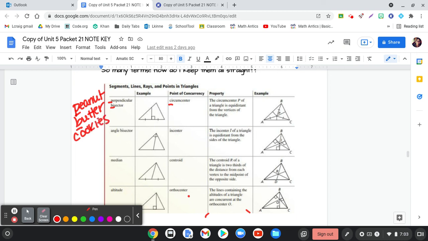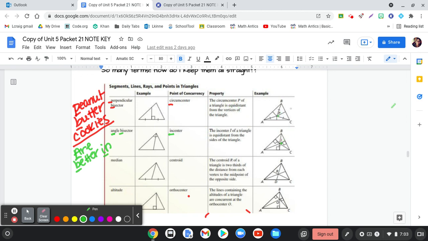Are better in: angle bisector, incenter. So if you draw perpendicular bisectors from each side, it makes up the circumcenter. If you draw the angle bisectors for each angle, where they meet is your incenter.